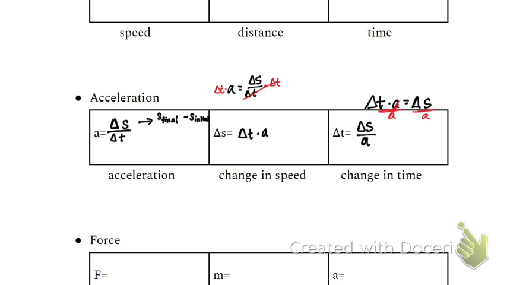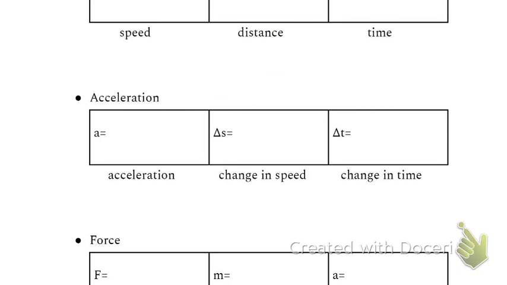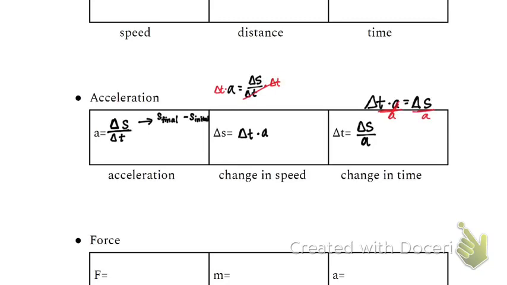What is your unit for acceleration? We're still meters and seconds, but now our seconds get squared because we have seconds in our speed and in our time. And then we're going to make up a problem for this one.